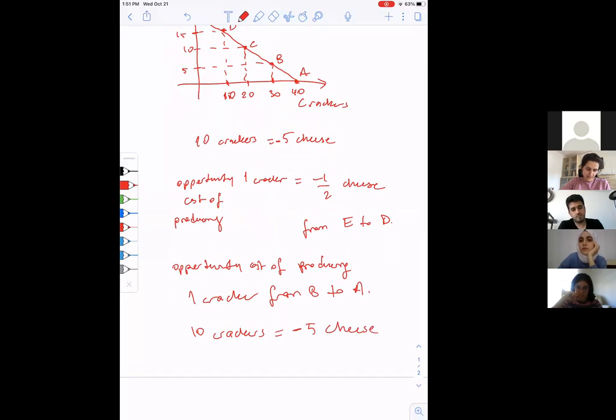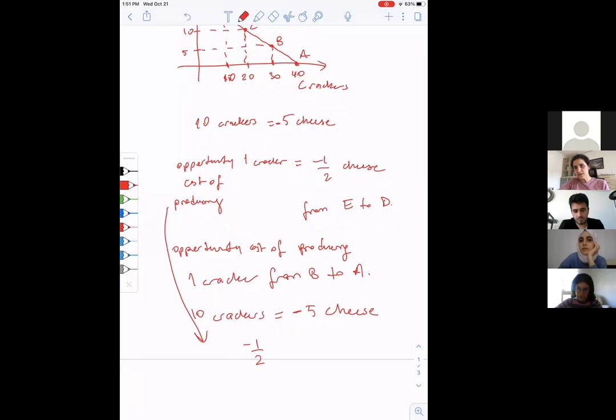Again, the opportunity cost of producing one more cracker is 1/2 cheese. The opportunity cost of one cracker is minus 1/2.